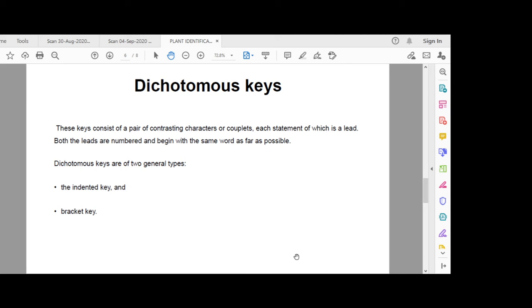We will discuss here dichotomous keys only. There are also punched keys, polyclave keys, etc., but we are discussing here only dichotomous keys, which are best in use. These keys consist of a pair of contrasting characters or couplets, as I said earlier, each statement of which is a lead.